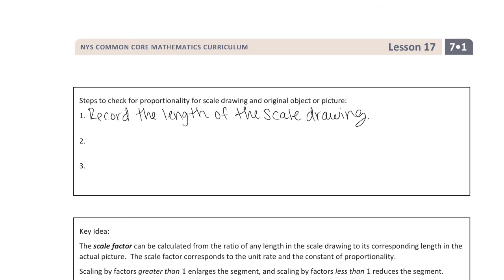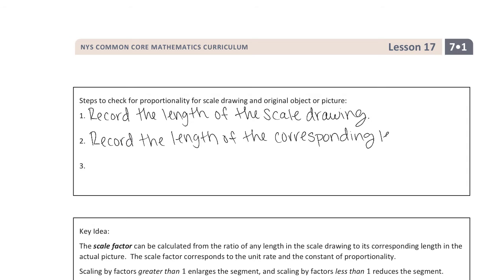Second, we're going to record the length of the corresponding length on the original. And third, we're going to check for the constant of proportionality.